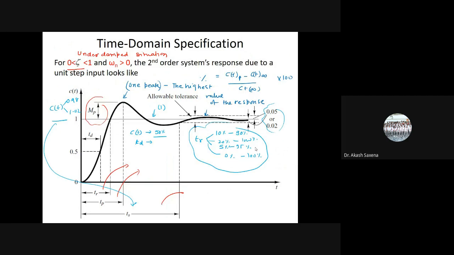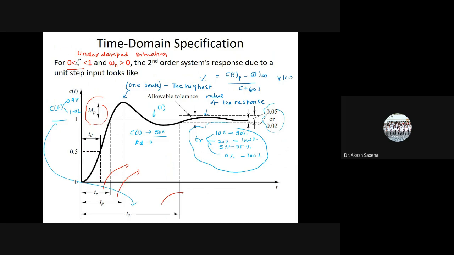Now this is the time domain specification where you can say the response is going upwards and settling down. This is the response of the second order system with respect to step input. So this is an underdamped system when omega n is greater than 0 and zeta is between 1 and 0. This is the highest peak, the highest value of the response, known as overshoot.